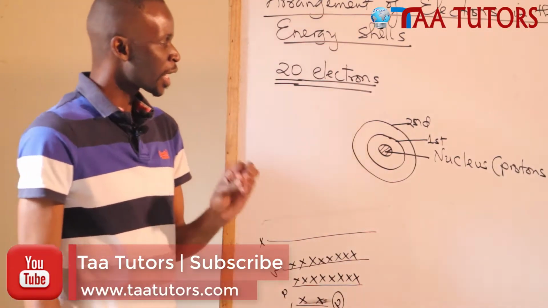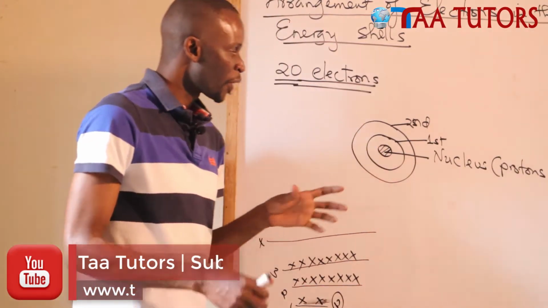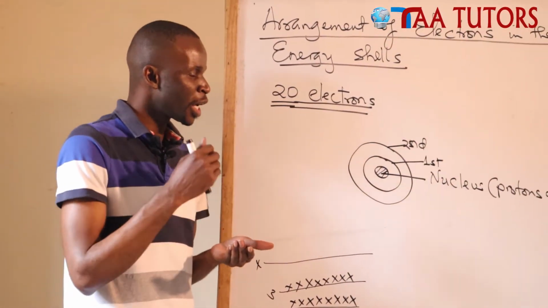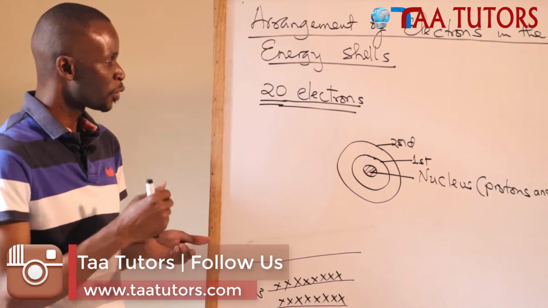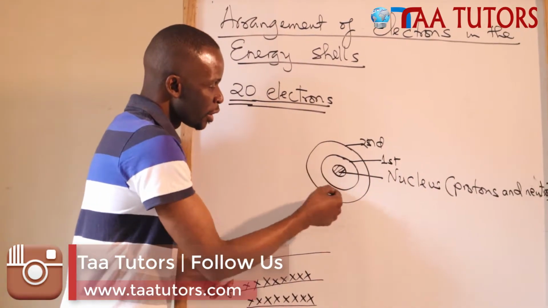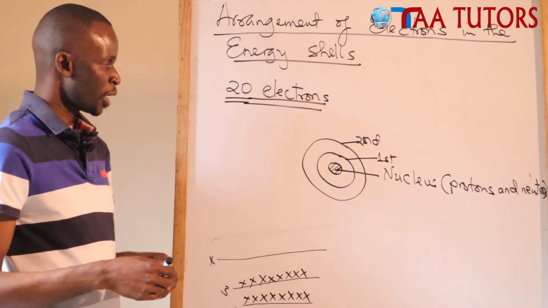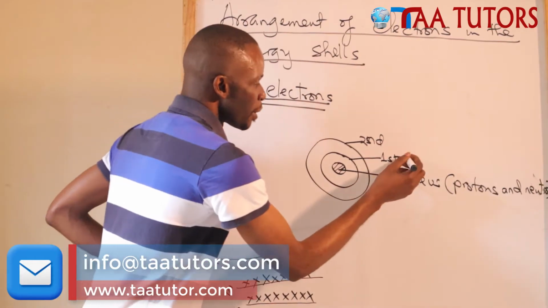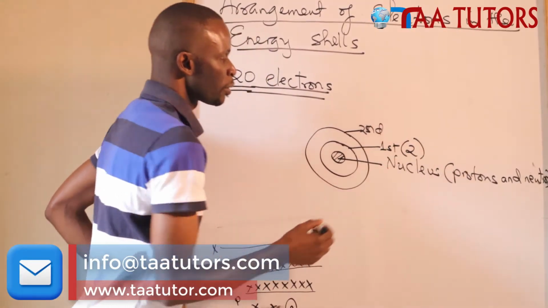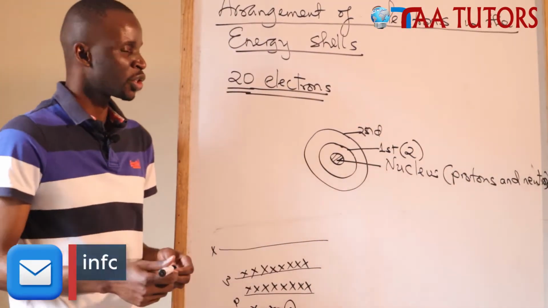Viewers, that is exactly what you want to apply here. When we are filling the energy levels or the energy shells, we have to first of all fill the lowest energy shell, which in this case is the first energy shell, and the number there must be 2. The number of electrons that can maximally fill that energy shell is 2.